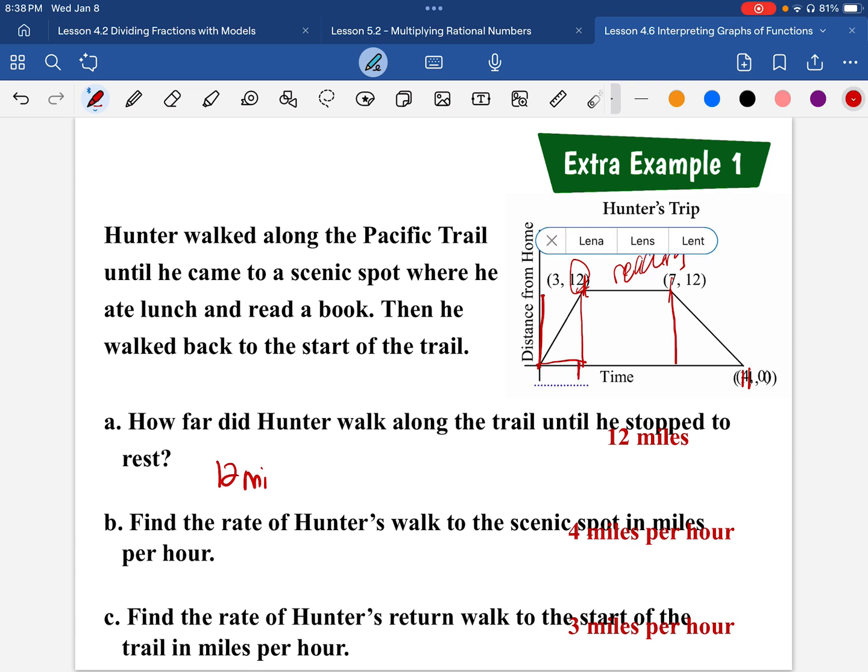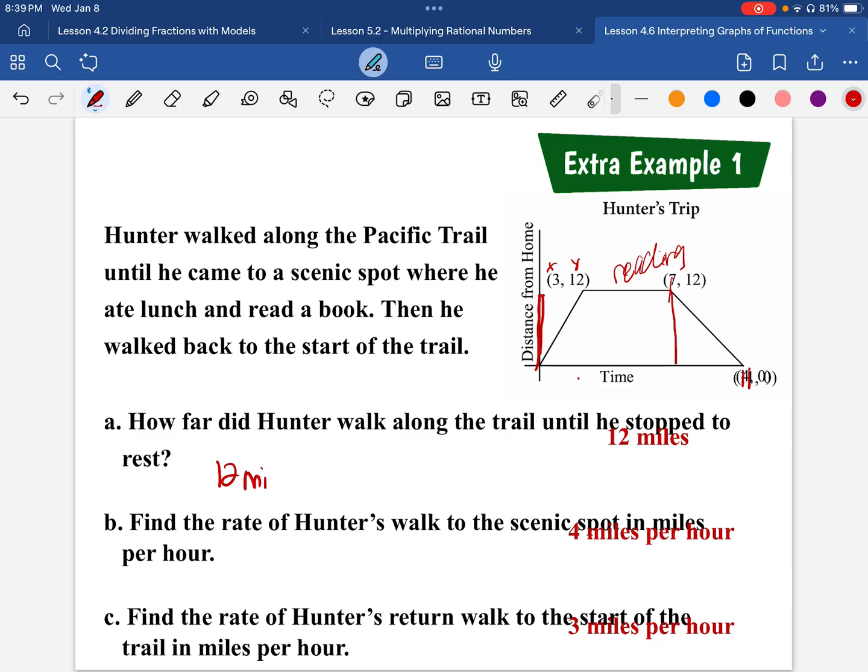The reason we know this is because when we are writing ordered pairs, it is X first and then Y. And distance away from home, remember, the rise is always going to be the Y value. So the rise is at 12.